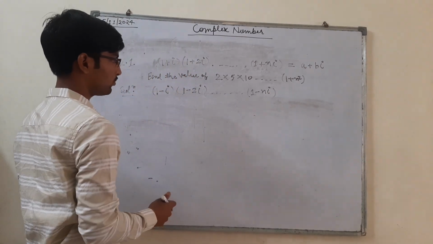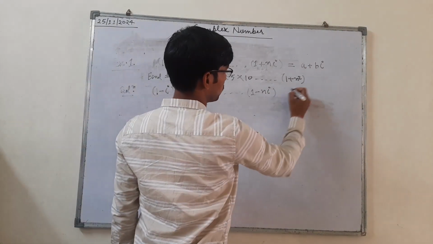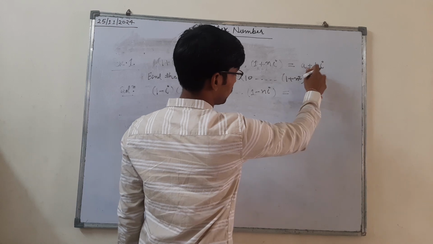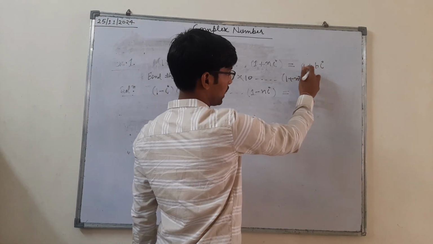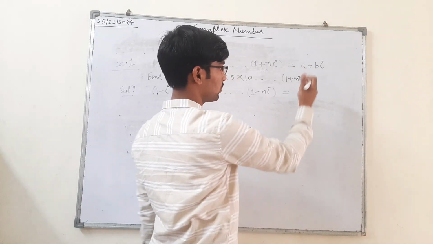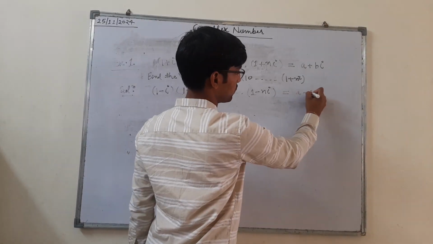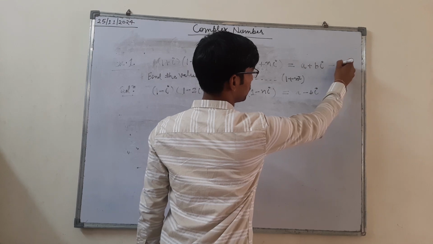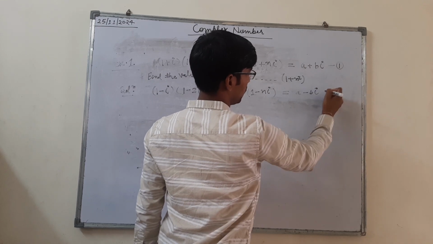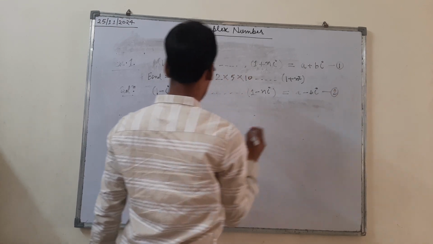We also find the conjugate of a plus b iota, which is a minus b iota. Call this equation 1 and this equation 2.